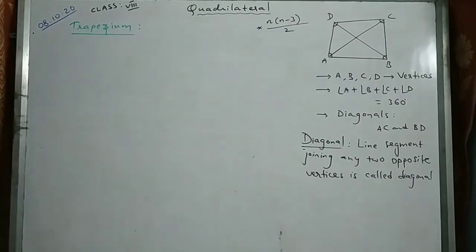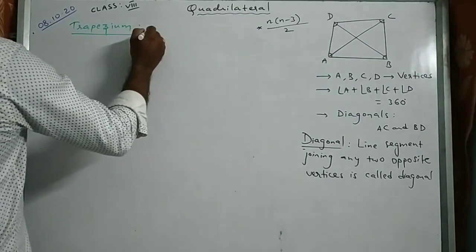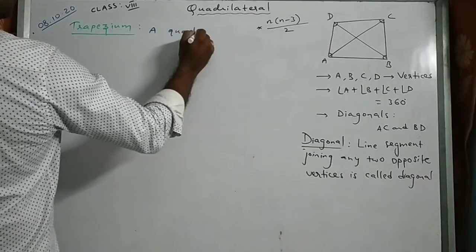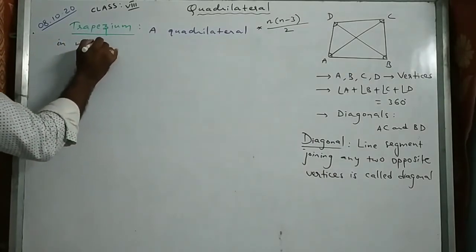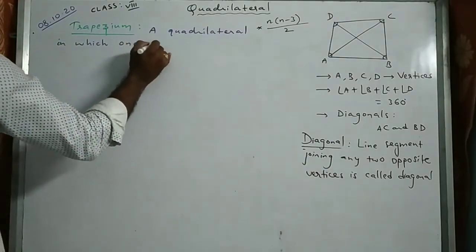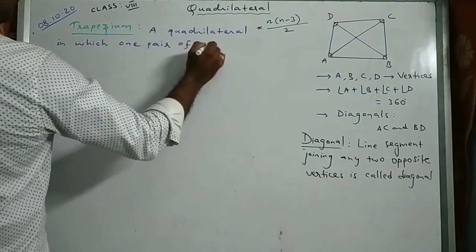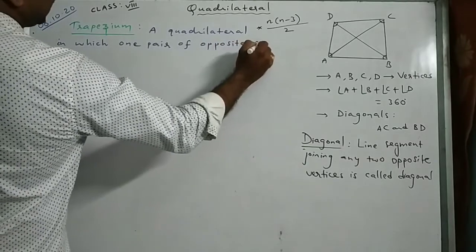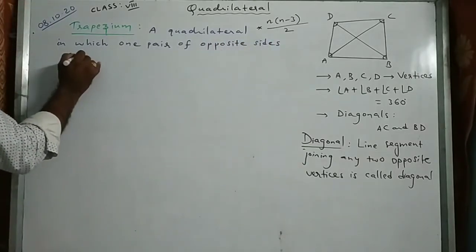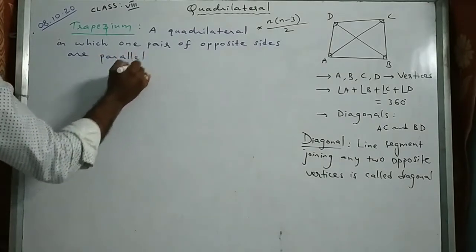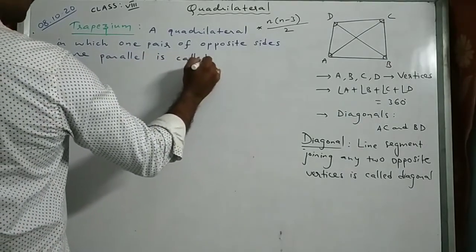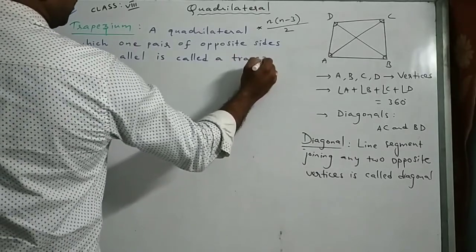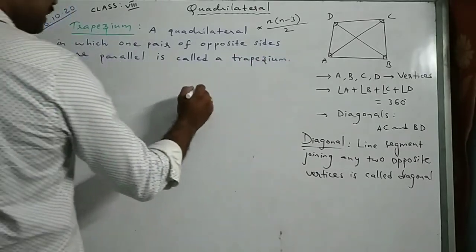A quadrilateral in which one pair of opposite sides are parallel is called a trapezium. It looks like this.